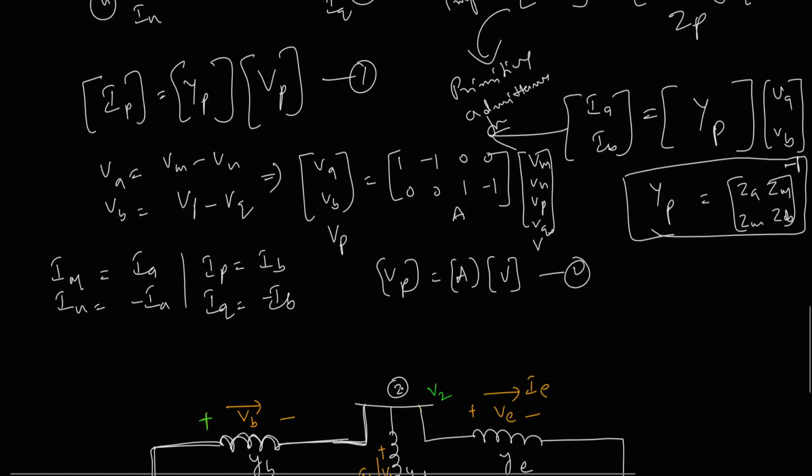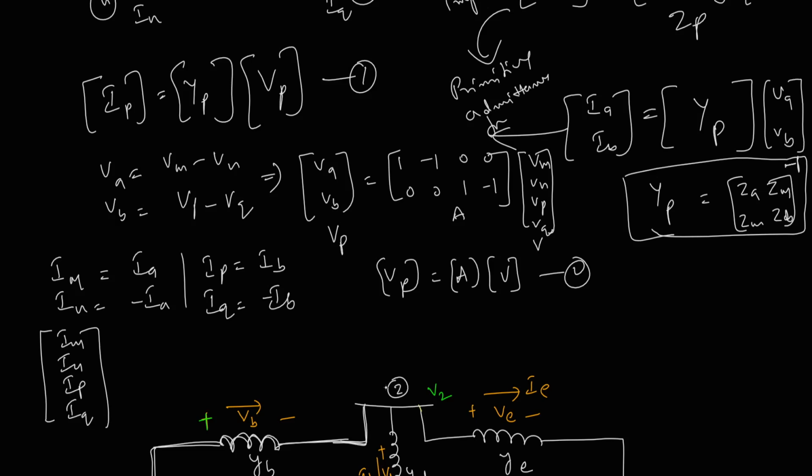So putting these relations in matrix form, I have IM, IN, IP, IQ in terms of IA and IB.